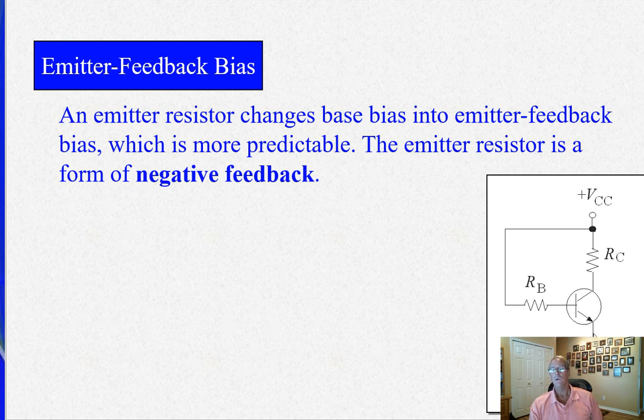So as the emitter voltage gets higher because of this increased current going through the emitter resistor, the base voltage increases, and therefore the difference between VCC and VB is less, and therefore the base current is less, thereby reducing the collector current and emitter current.